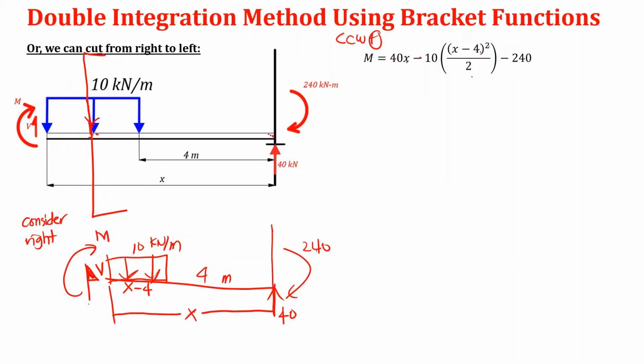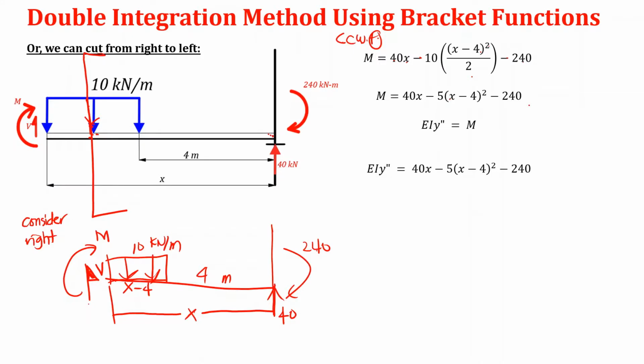And then, ang 240, kay clockwise man na siya, so minus. Therefore, kung atong i-simplify, the moment is equal to 40x minus 5 times x minus 4 squared minus 240. So, substitute na sa EIY double prime equal to M.